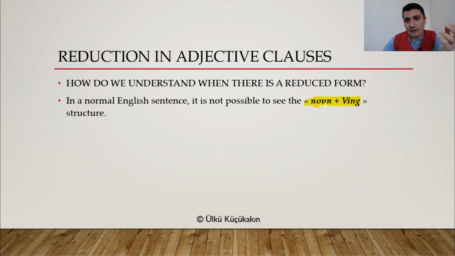This is not something you would see in a normal English sentence, all right? So, if you see this form, noun plus verb ing, then you understand that this verb ing describes the noun, with the objects and everything that's coming after them.